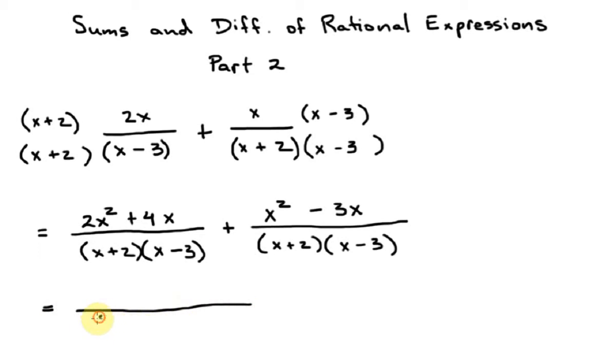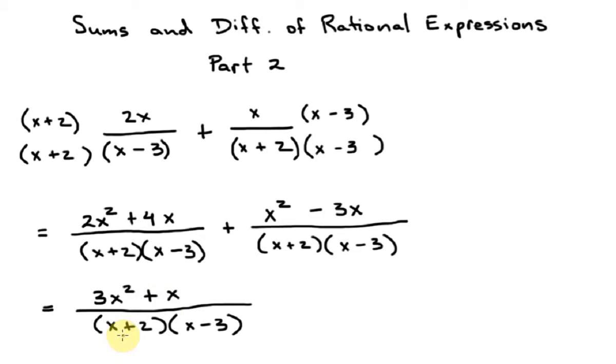We have our denominator of x plus 2 and x minus 3. And on the top, I have 2x squared plus this x squared, so that's going to be 3 of them. And then I have a positive 4x, and I'm adding to it a negative 3x. So this would just be plus 1x.